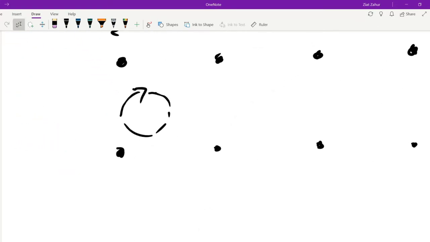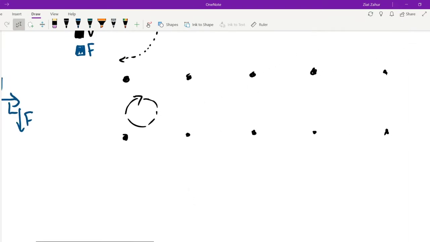Now, how do we know if we're going fast enough to create a circle or not? Well, we have to use our FBDs. Let's figure out the relationship between the radius of the circular arc and the actual velocity of the object.